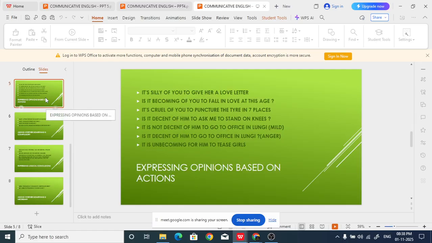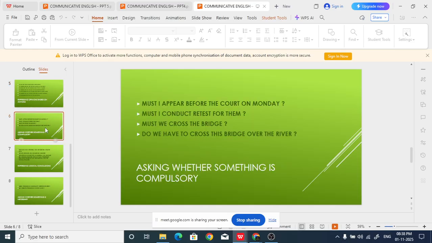Expressing opinions based on actions. Now, it is cruel of you to puncture, or is it decent or is it not decent? Like that you can use one of these and express your opinions about actions. Then asking whether something is compulsory. Must I? This is to ask whether it is compulsory.